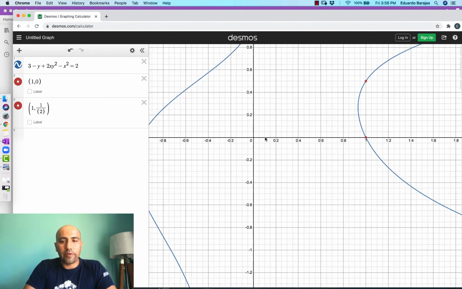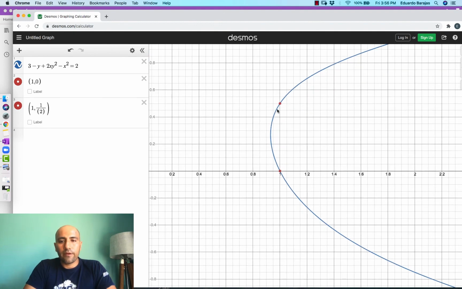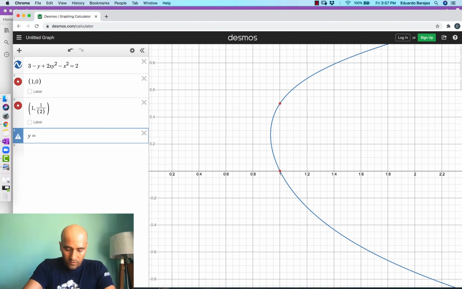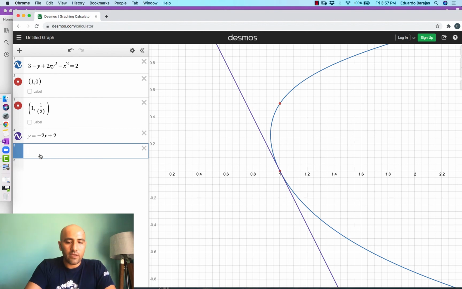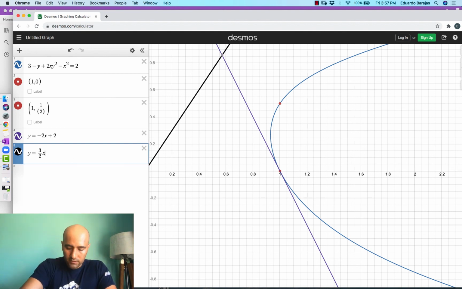I'm going to zoom in a little bit. There they are, this point and this point. Those are the 2 points. So I want the tangent lines to those. We worked it all out, and for one of them, the equation was y equals negative 2x plus 2. And for the other one, it was y equals 3/2 x minus 1.